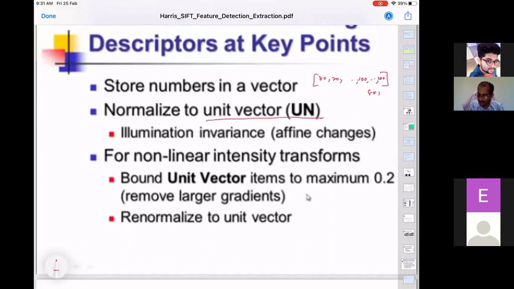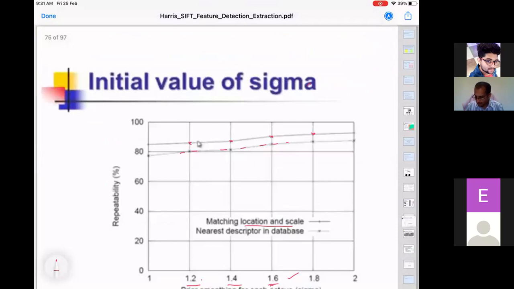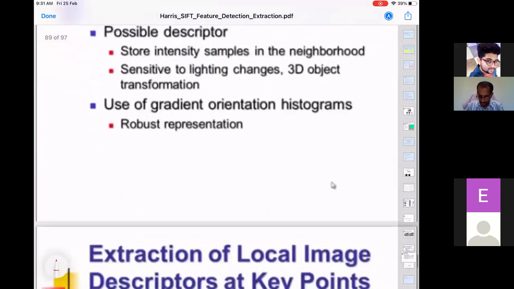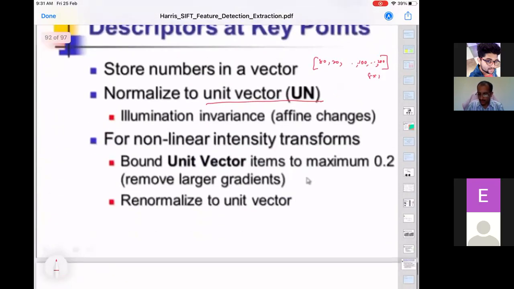So for that, they first normalize this. Normalizing means they divide by the norm of the vector, v by norm of v. Once they perform it, each of these elements will range maximum from 0 to 1, correct? Like 0.01, 0.1, 0.15, 0.002, and 0.5, and so on.